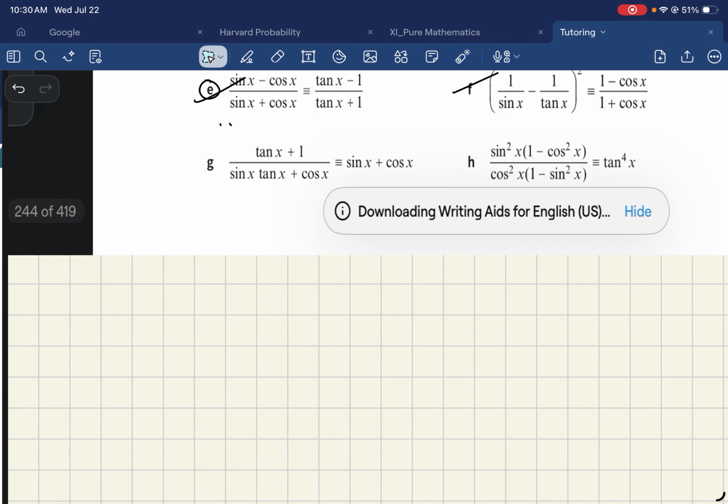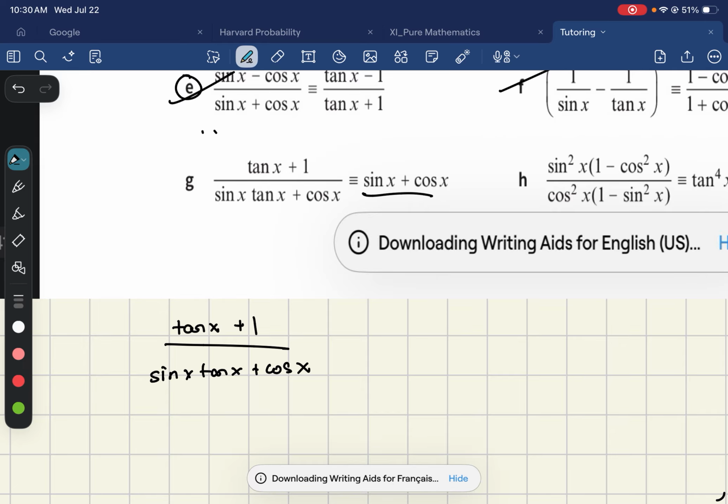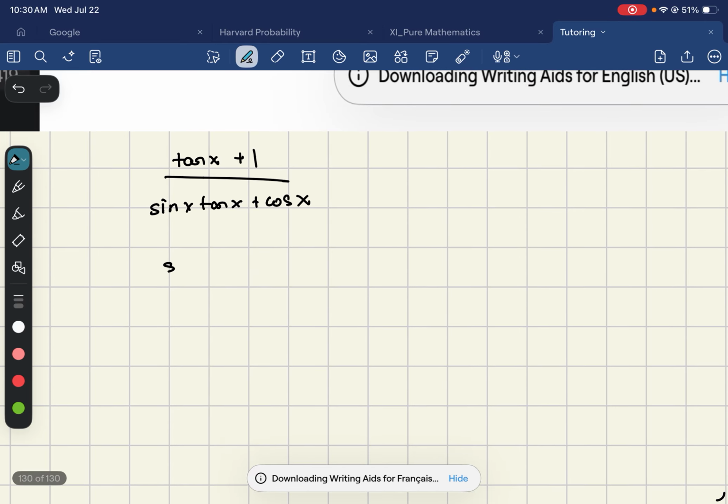Part G. We have tan x plus 1 divided by sine x tan x plus cos x. All right. In the right-hand side, we only have sine and cos. So let's write everything in terms of sine and cos.